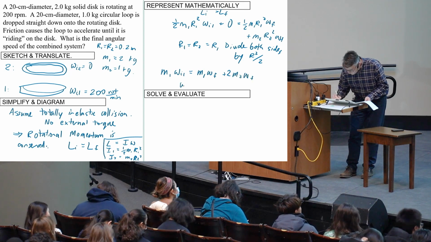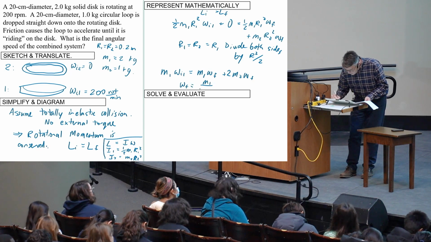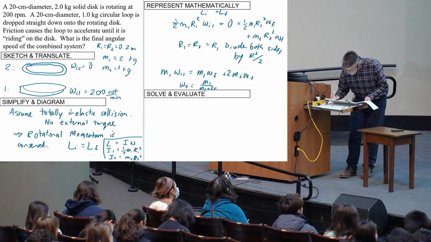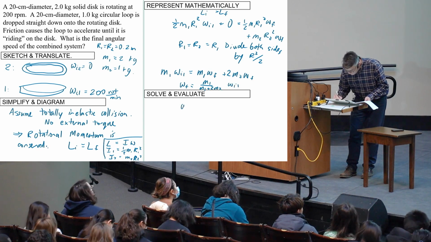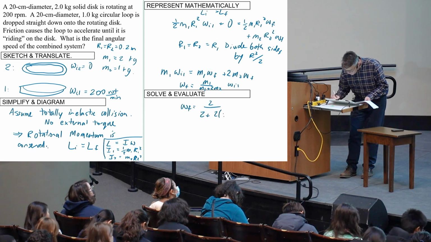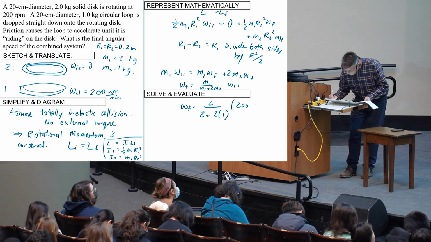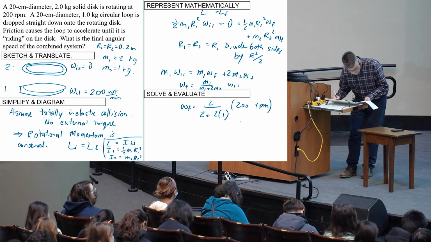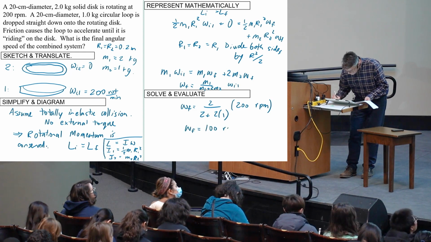So solve for omega final, which is what you're trying to find. It's M1 divided by M1 plus 2 M2 times omega initial 1. So it's 2 kilograms divided by 2 plus 2 times 1 kilogram times 200 RPM. So omega final is equal to 100 RPM.